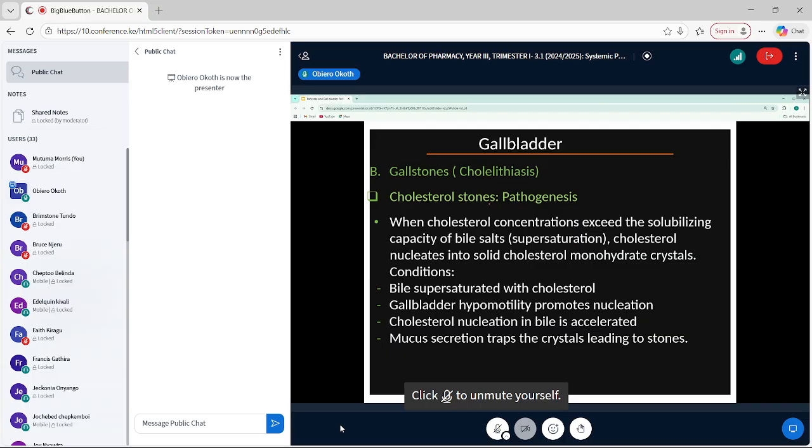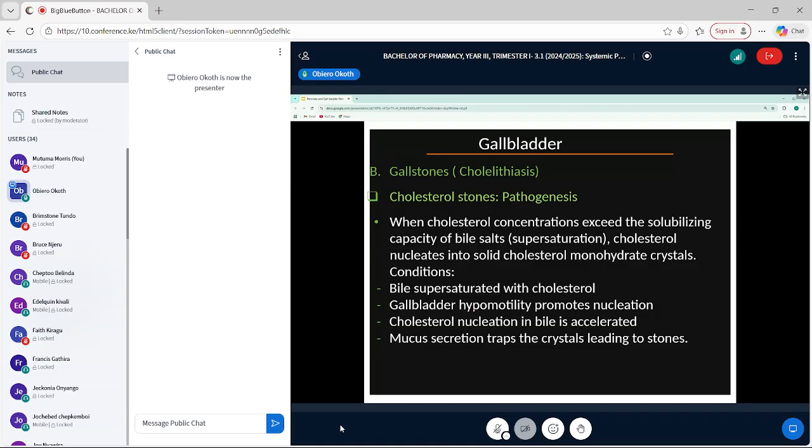So the conditions that must be there for a cholesterol stone to be formed: there must be bile that is supersaturated with cholesterol. You have a gallbladder that is hypomotile, meaning that very little bile is being secreted out, so most of it is staying in the gallbladder.